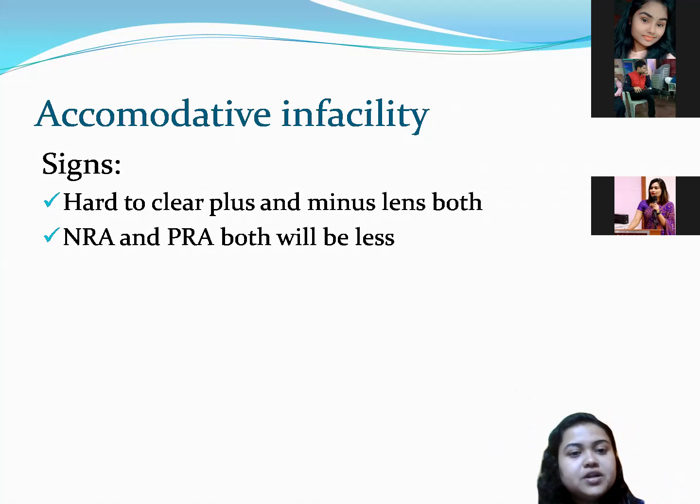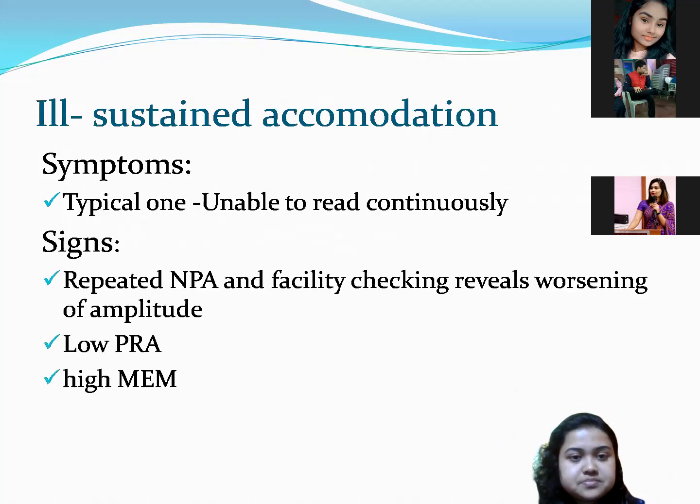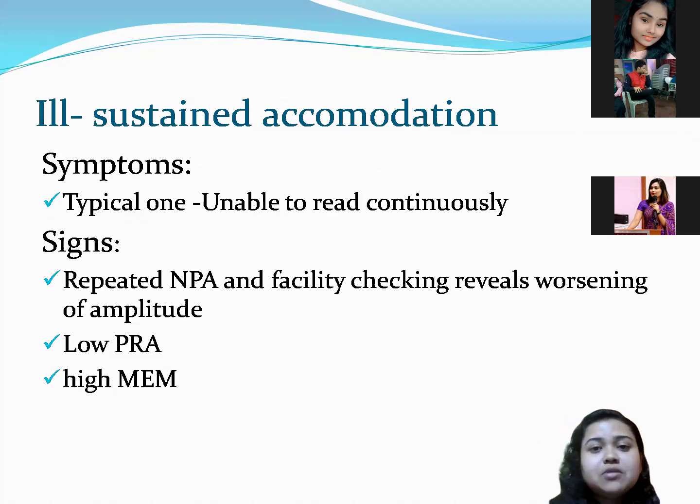Okay, so in accommodative infacility, basically the patient finds it difficult to clear both the plus and minus lenses of the accommodative flippers. Now coming to ill sustained accommodation. There is a term called ill sustained accommodation. That means the patient can have a normal amount of accommodation.